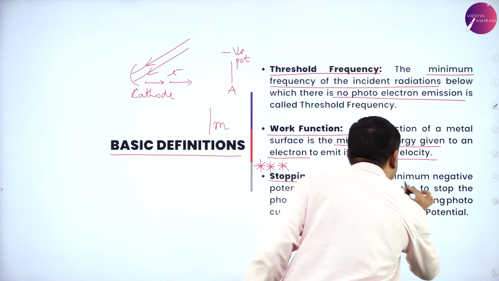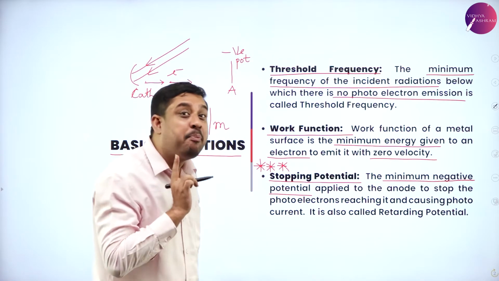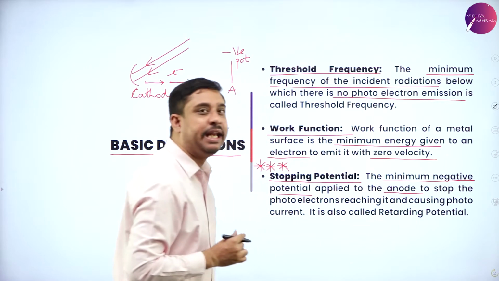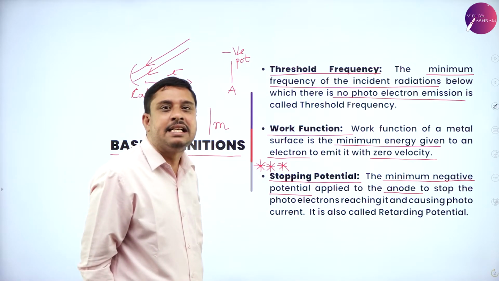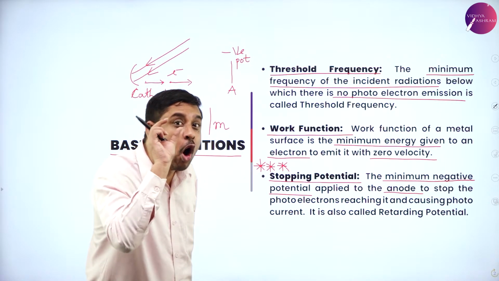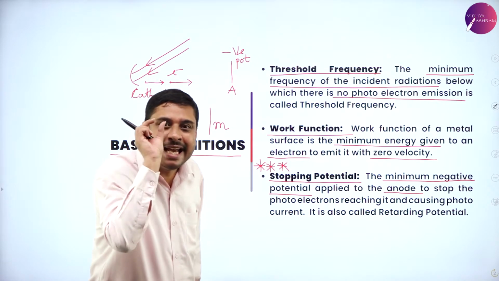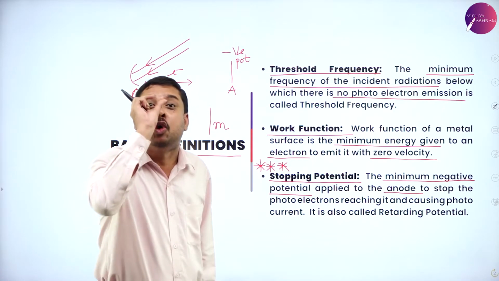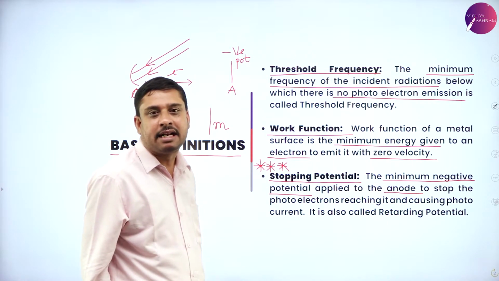The minimum negative potential applied to the anode, very important. It is the minimum negative potential that is applied to the anode to stop the photoelectrons from reaching it. We are applying that negative potential so that the electrons don't reach the anode and cause photoelectric current.